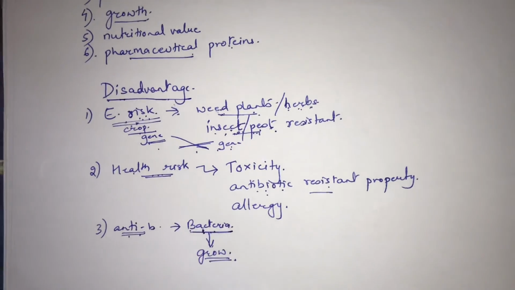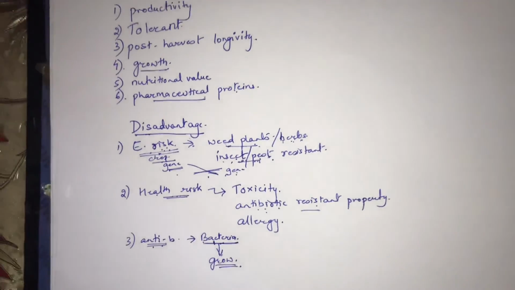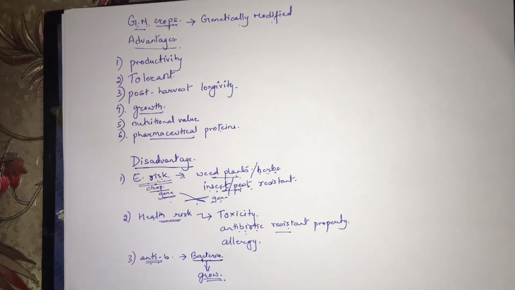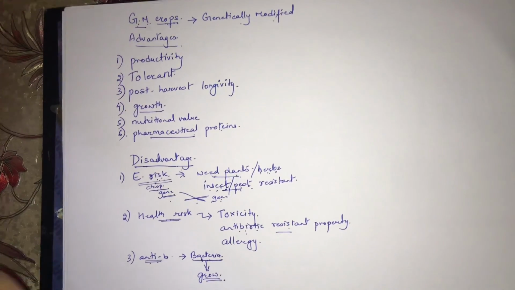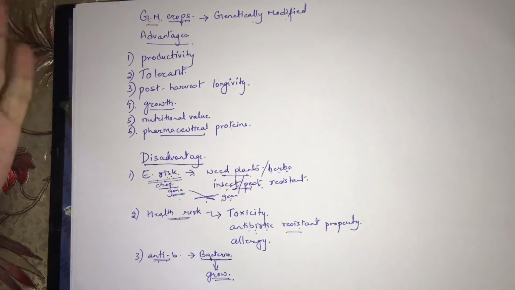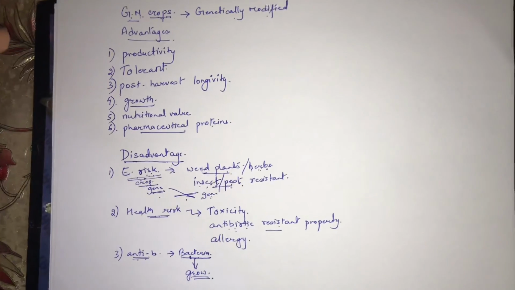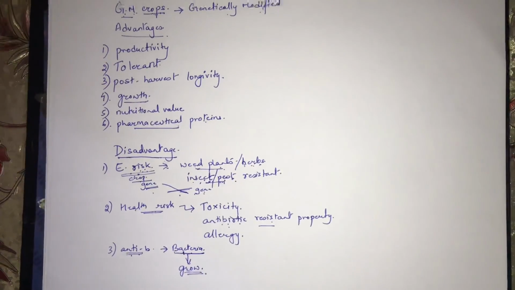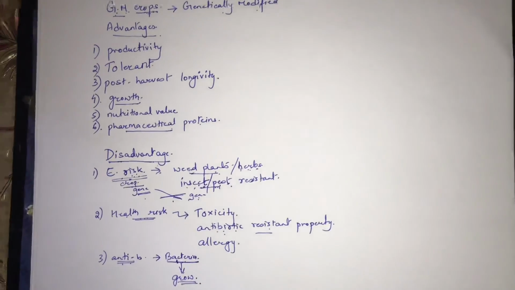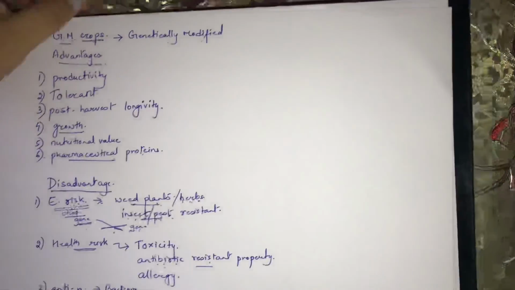We need to make sure that the genetically modified crop does not have this antibiotic resistant property, because when we compare these advantages with disadvantages, the rest of the things are advantageous. There is more advantage than disadvantage in genetically modified crops. So this is all about genetically modified crops.